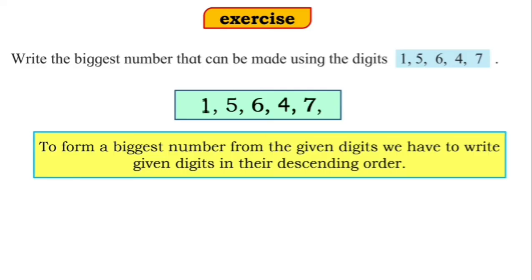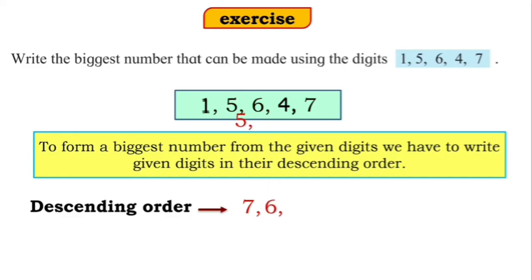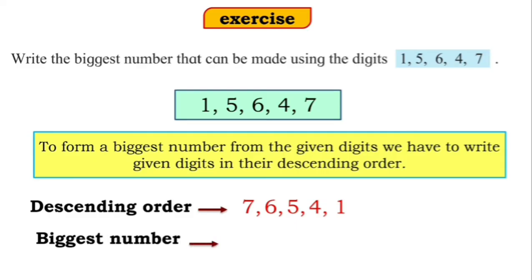So the descending order will be 7, 6, then 5, then 4, and then 1. So children, this is the descending order of these given digits. So the biggest number is 76,541.